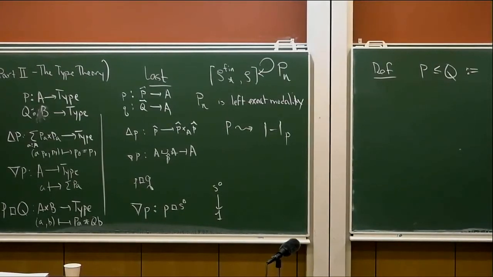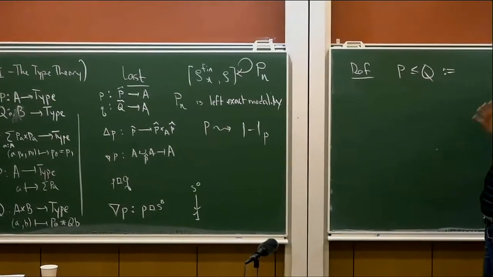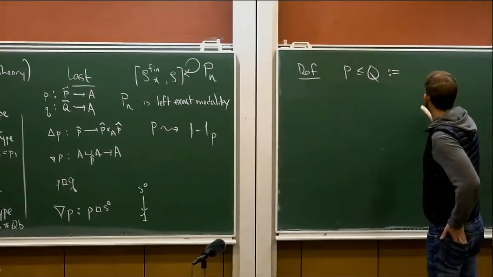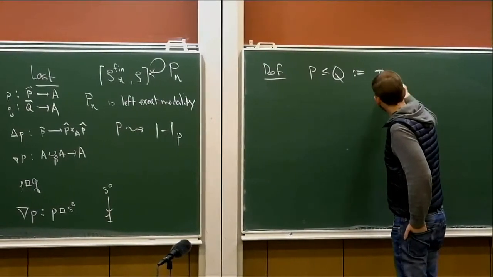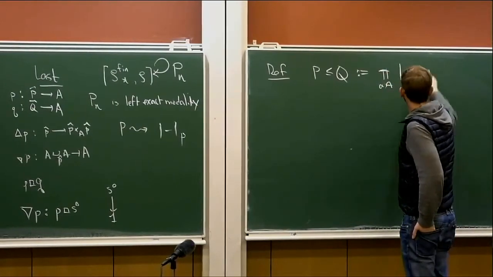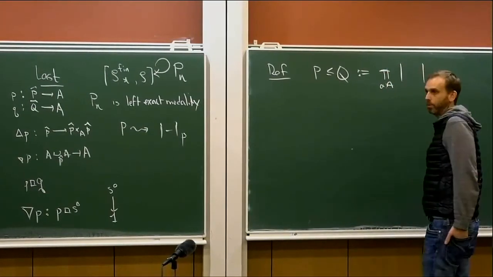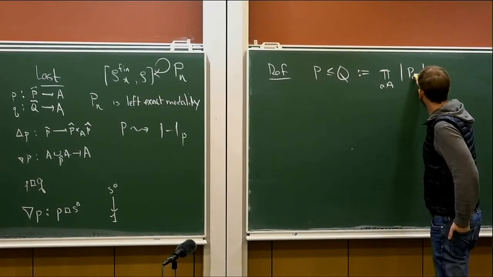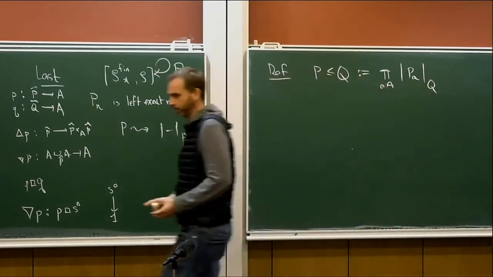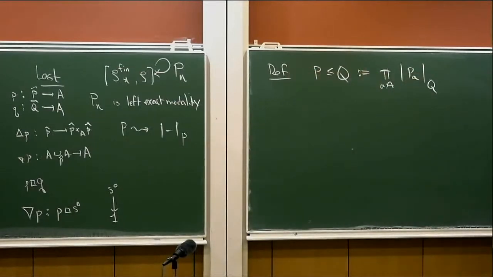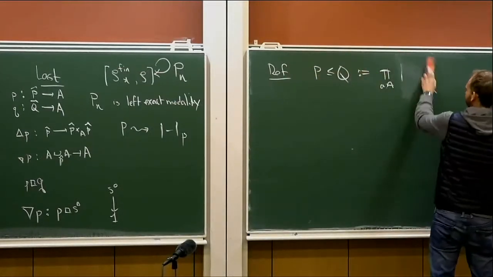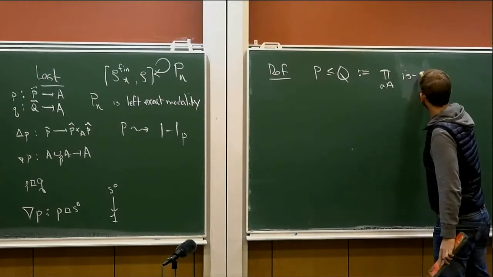I'm just going to write less than or equal. Well, you can complain. There's probably a better symbol for this, but there's not going to be any other ordering today. Where I say that P is less than Q if for every A, the Q modality applied to every fiber is contractible.